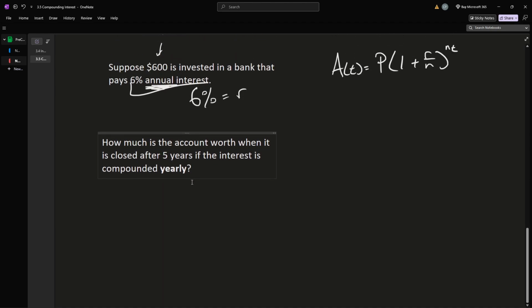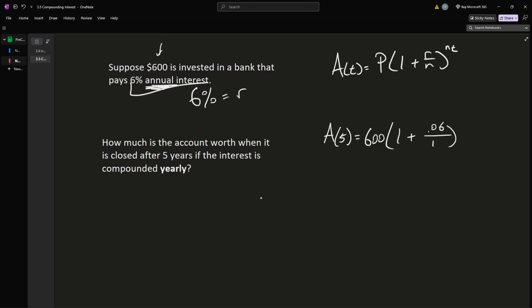It's being compounded yearly. So how many times per year are we compounding interest? Only once. So n is 1. We plug it in. So A of 5 years is equal to, because 5 is t, $600 times 1 plus 0.06 over 1, to the 1 times 5.